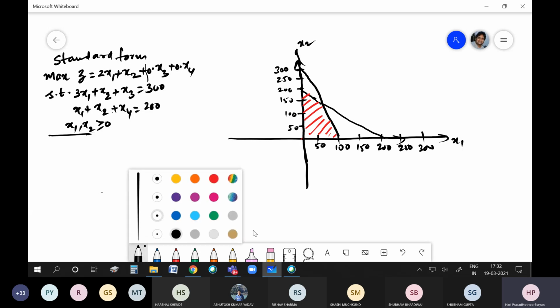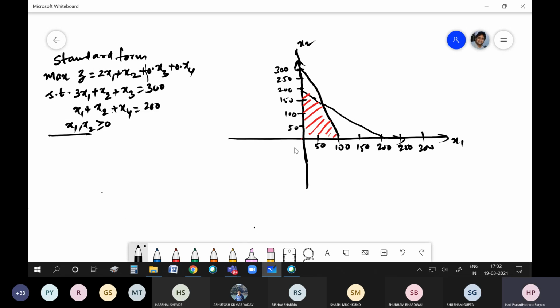What are the values of x1, x2, x3 and x4 at this point? When x1 is equal to 0 and x2 is equal to 0, here 0, 0. What will be x3? 300. No, 300 and 400.